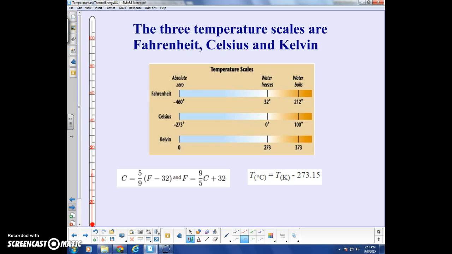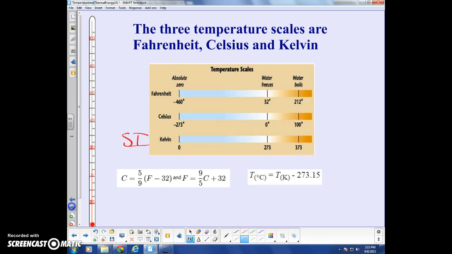Now, we've got three different temperature scales. Fahrenheit, which is the one we use in the US; Celsius, which is used commonly in Europe and in England and in many other parts of the world; and what we use in science, and in fact what the SI unit for temperature is, Kelvin.